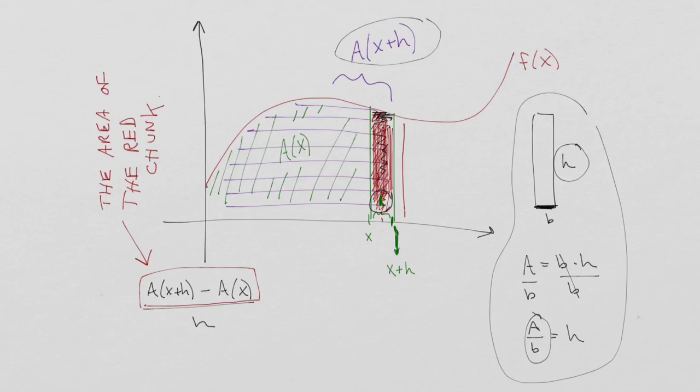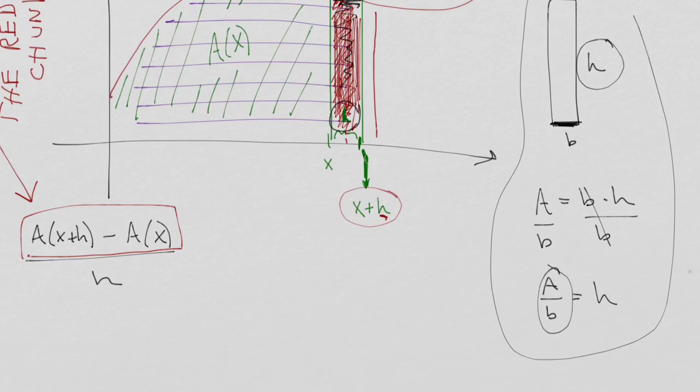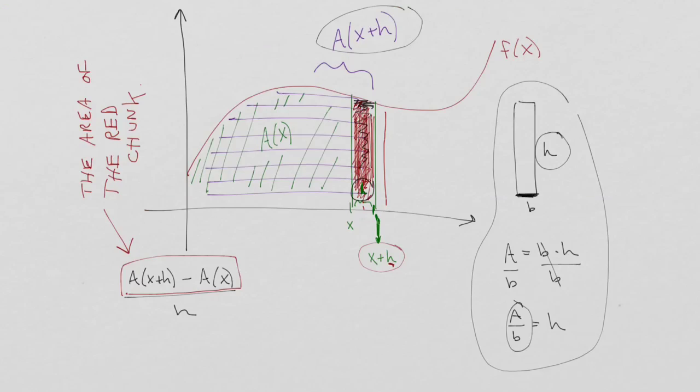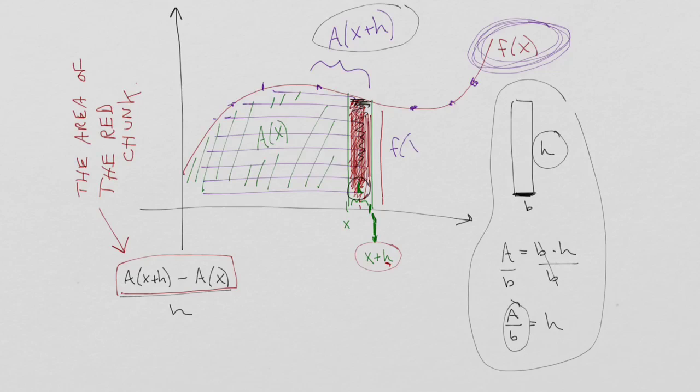Remember, we're letting our imagination run wild and saying that this little addition of h is super, super tiny. So I'm left with a vertical component, and the vertical component anywhere along this curve is f of x, right? This is f of x, this is f of x, this is f of x. All these output values are f of x values. So this thing is f of x.